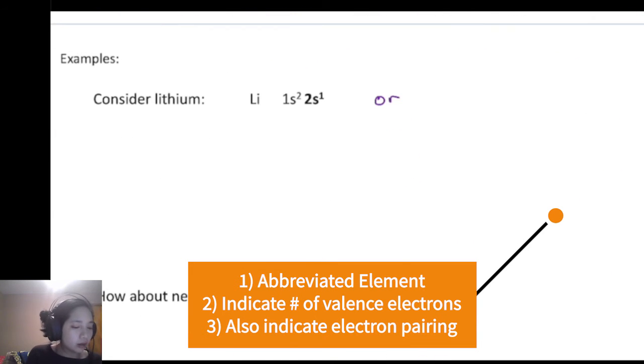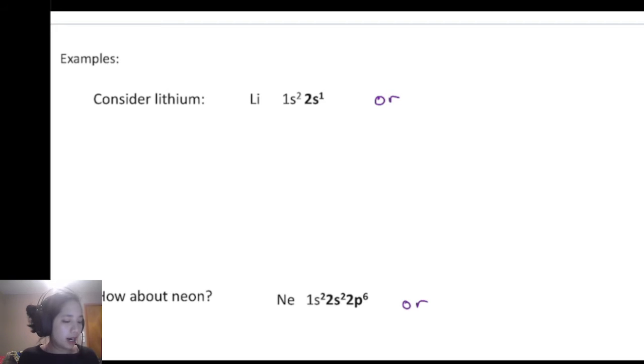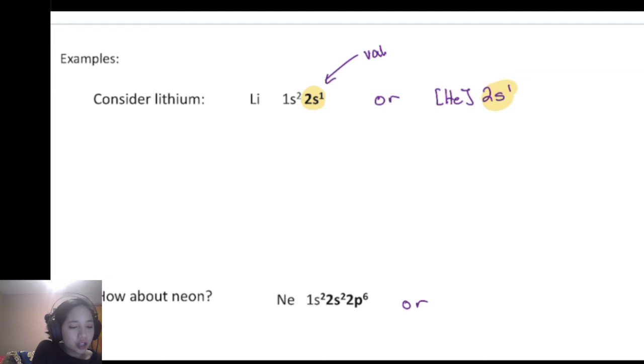So let's think about lithium. If we write out the electron configuration of lithium, it is 1s2, 2s1. Or remember, we can write out its noble gas configuration. So for lithium, it would be a helium core and a 2s1 electron. So I have bolded or underlined here what I have highlighted, this is the valence electron.